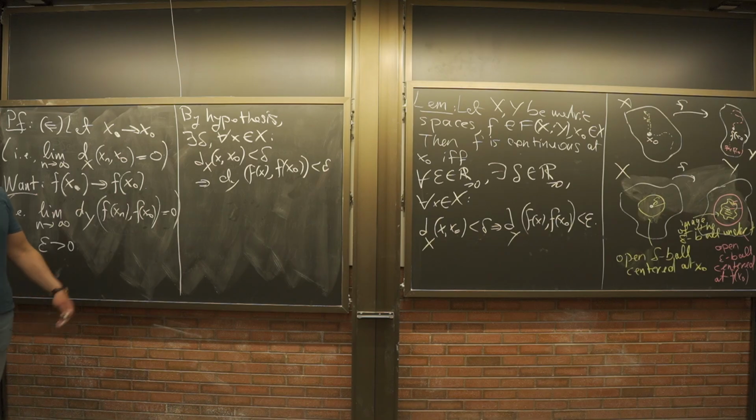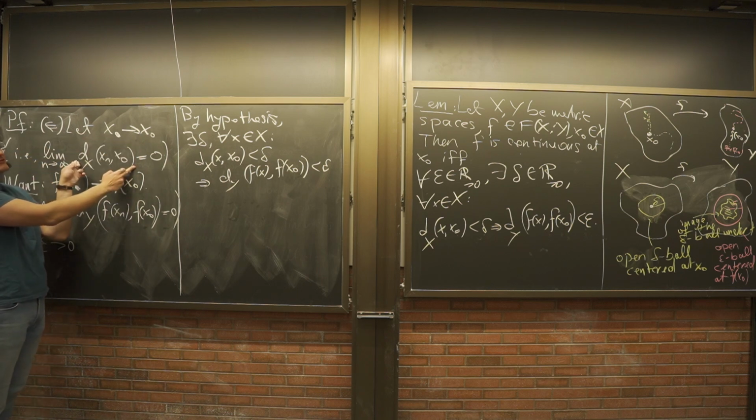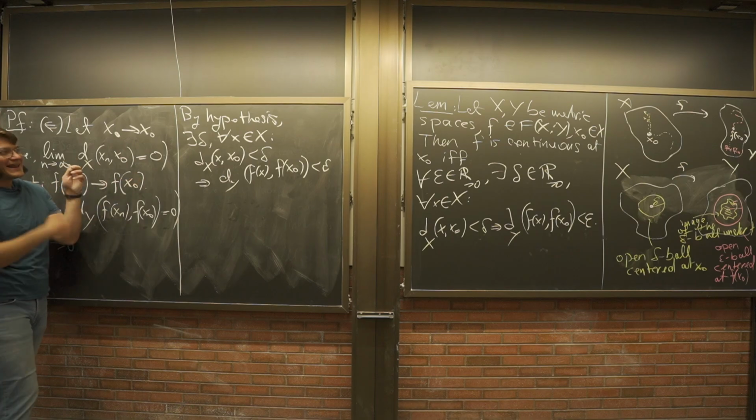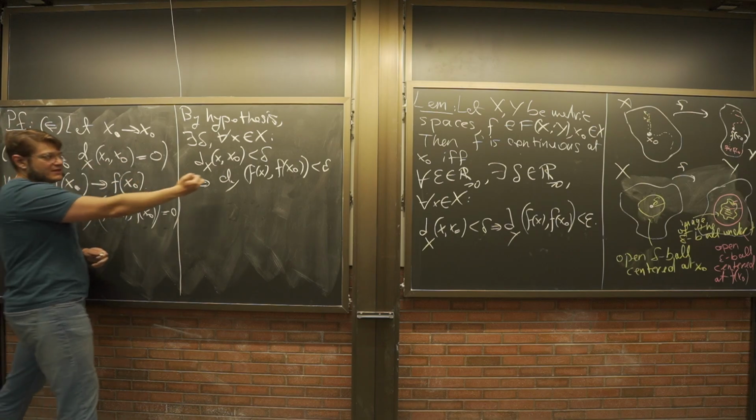I was tricking you because I assumed one more thing, right? We assume that we have a convergent sequence. But if x bullet converges to x0, that is to say, if this sequence of real numbers converges to 0, then after finite time, this number is going to be less than delta.